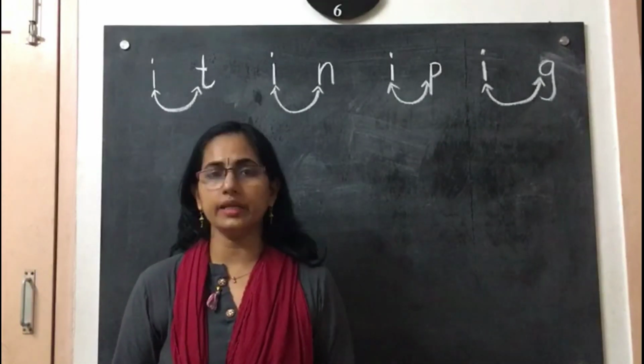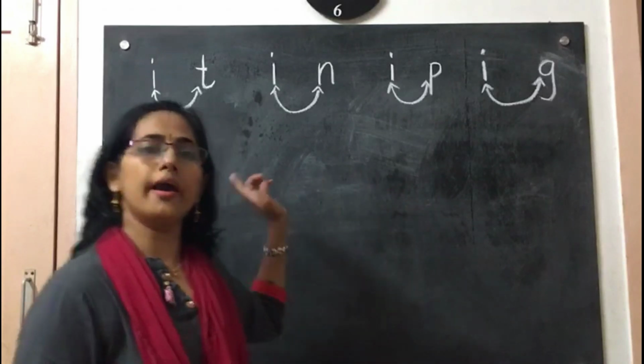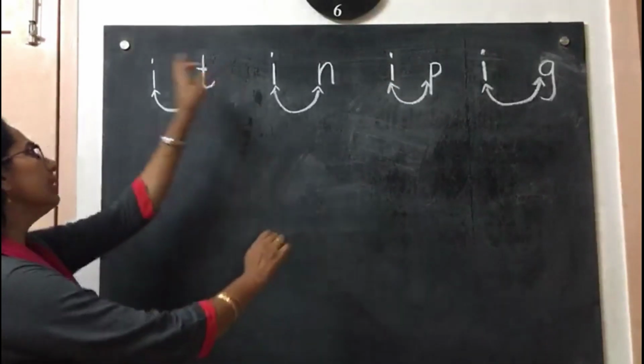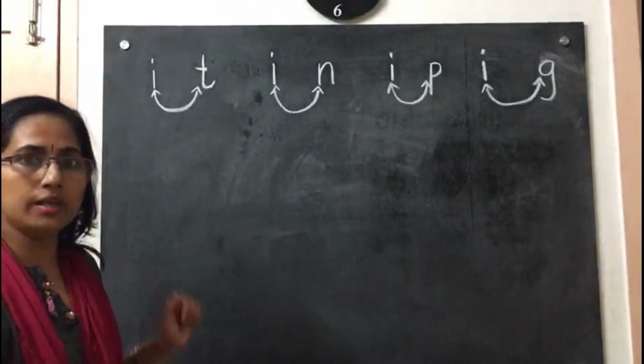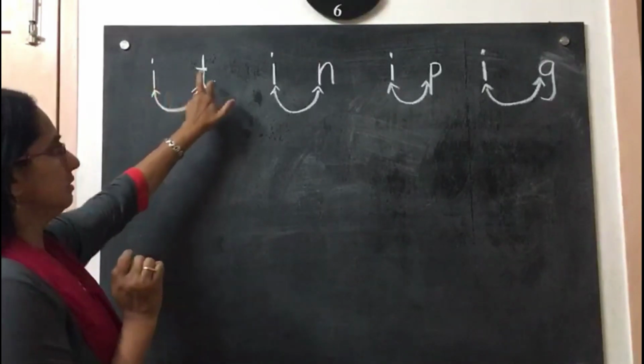Now let's see how to read 3-letter words using the I vowel. Here we have I. What is the sound of I? Ih. It.